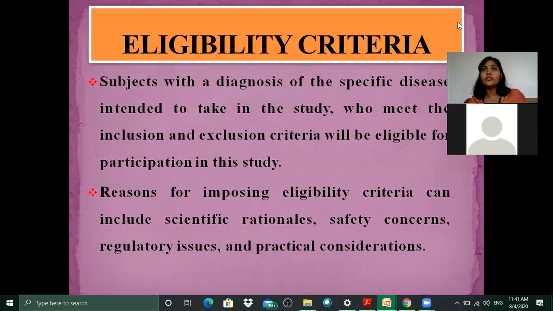If I am willing to take only diabetic people in my study, then how much should their sugar level be, what should be the age of the person, what should be their other vital criteria, like BP, their chest X-ray and everything. All the vitals are undergone, and depending on that you will decide whether that particular person is eligible to take part in the study or not.